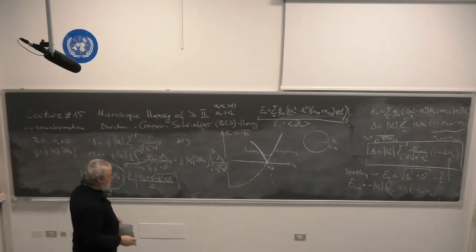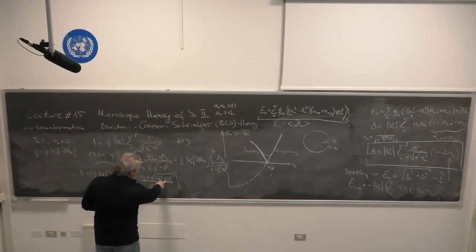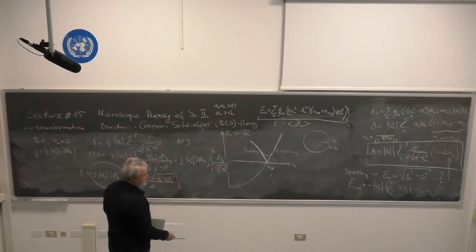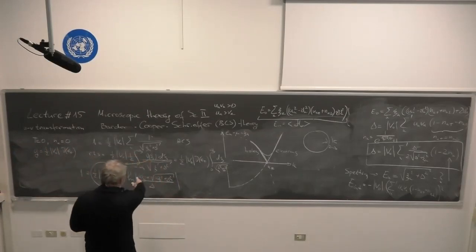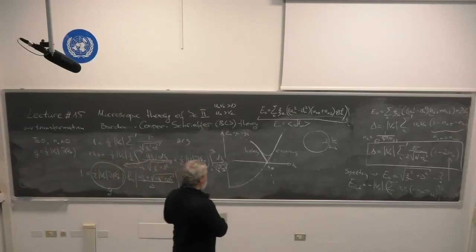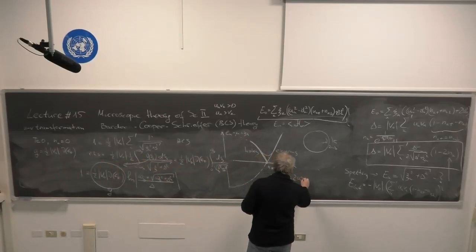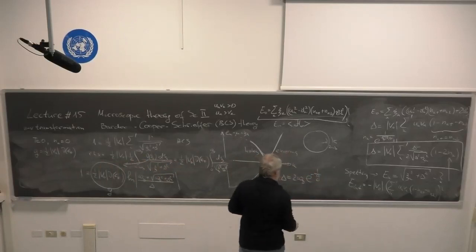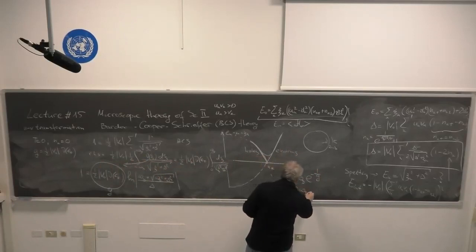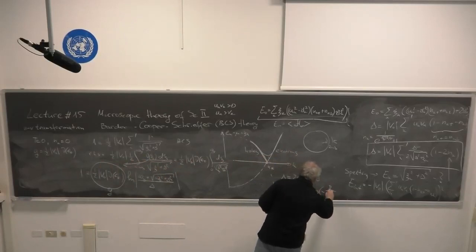And let me assume for the moment that delta is itself much smaller than the Debye frequency. Then we can easily resolve this equation, and we get that delta is equal to 2 omega d e to the power minus 1 over G. So this is 2 times the Debye frequency, exponent of minus 2 divided by V naught density of states at the Fermi level.